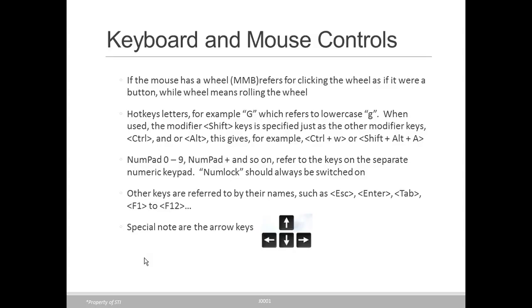Numpad 0 to 9 and numpad plus and so on refer to the keys on the numeric keypad, which is separated and enabled by Num Lock. So remember, if you are going to use that function of the numpad, make sure that your Num Lock is always switched on.